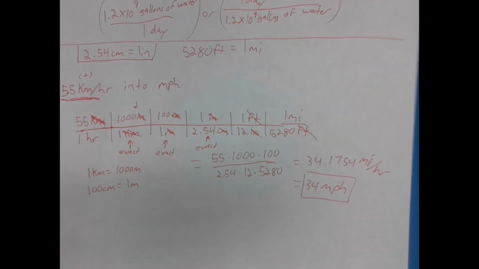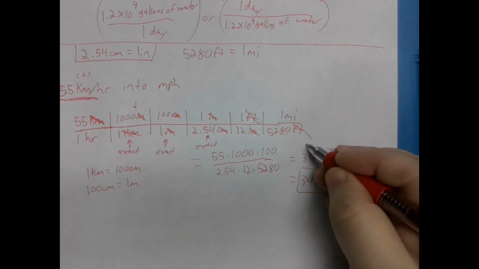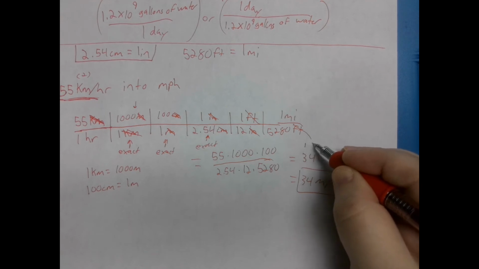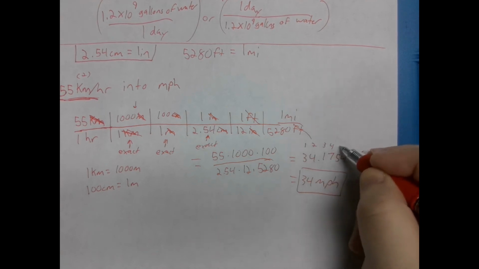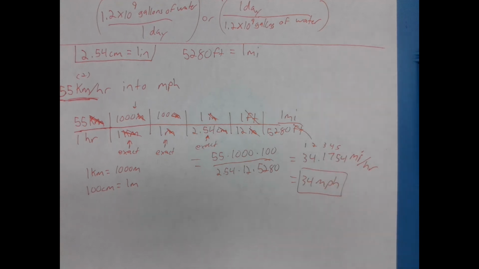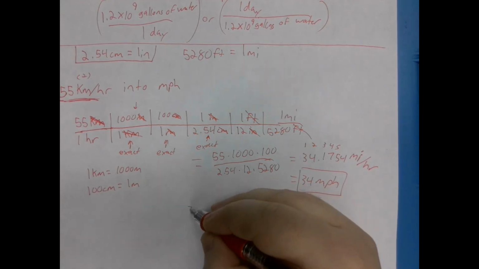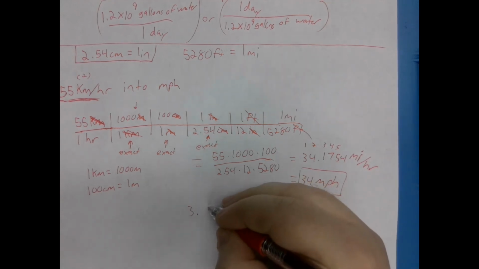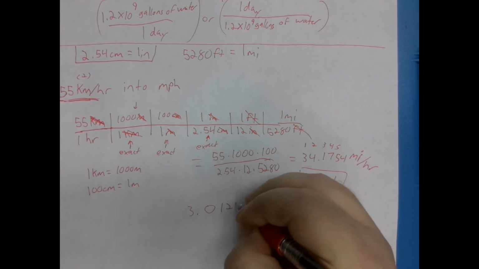So I prefer 4 or 5 digits. So 1, 2, 3, 4, 5. What I don't like, unless you're using significant figures, is people doing 3.0123.